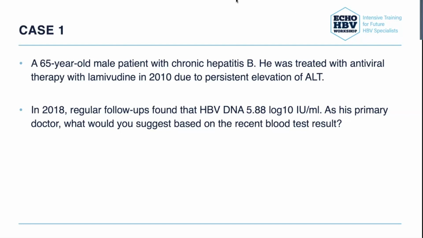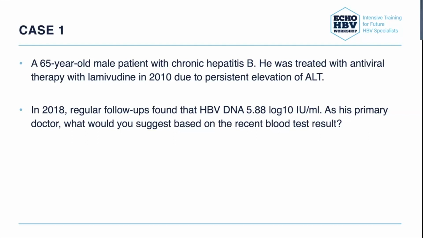I'm going to read this case to you. Since some of you joined us a couple of days ago, you have seen this case before. I'm going to twist this case a little bit and ask different questions, and hopefully make this more fun when we go through the case.